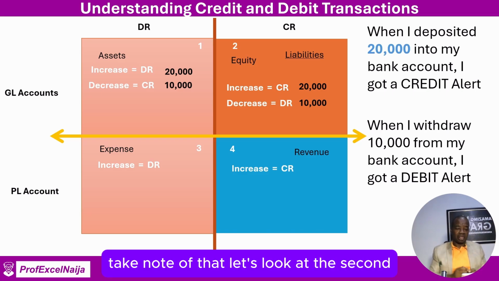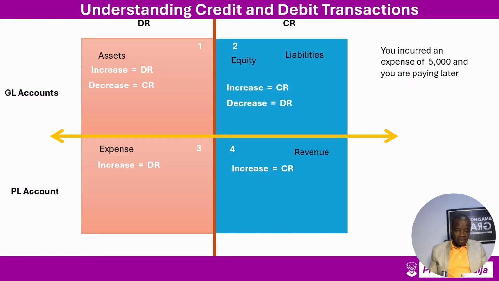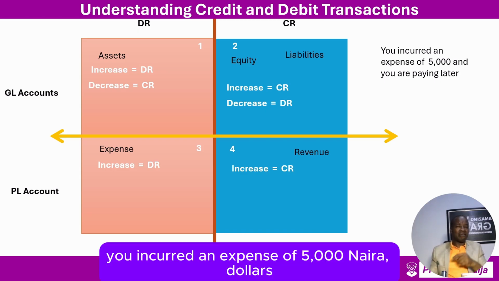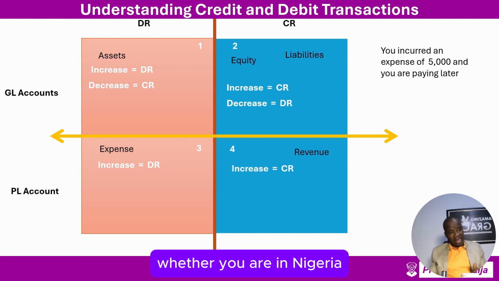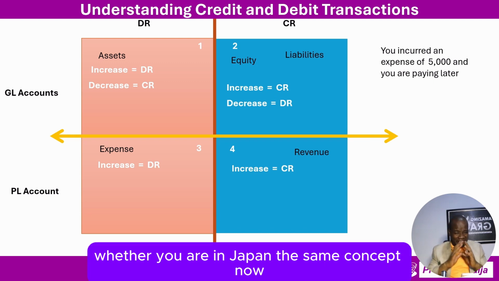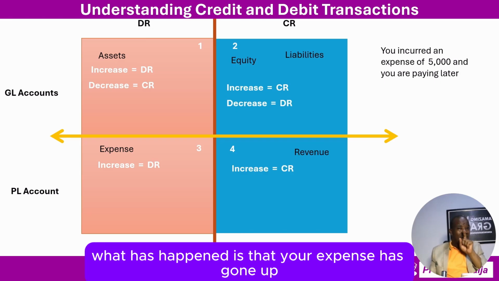Take note of that. Let's look at the second example. You incurred an expense of 5,000 naira, dollars, euro, pounds, yen. It's the same concept. Whether you're in America, Nigeria, or Japan, the same concept. Now, what has happened is that your expense has gone up.